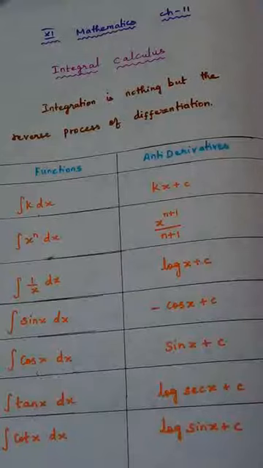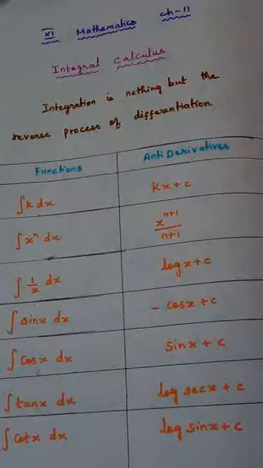Just to recollect, if I ask you the differentiation of sin x, you will say cos x. If we differentiate 1 by x, the answer is minus 1 by x square. If you differentiate log x, the answer is 1 by x, and e power x stays e power x. These are all the basic results that we have studied in differential calculus.